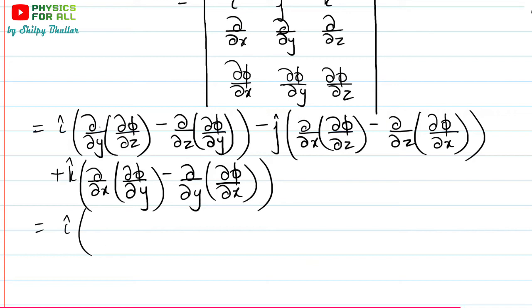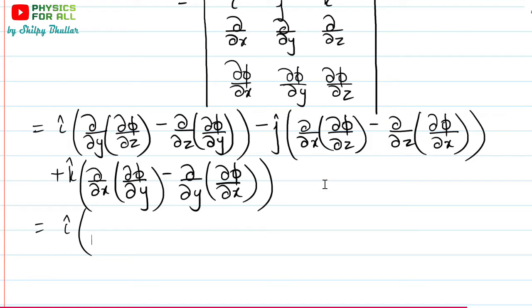This is simply partial differentiation of this whole quantity with respect to y. And then we have a minus sign and then partial differentiation of curly phi by curly y with respect to z. Same for all the others.